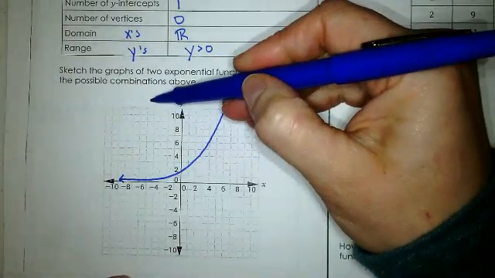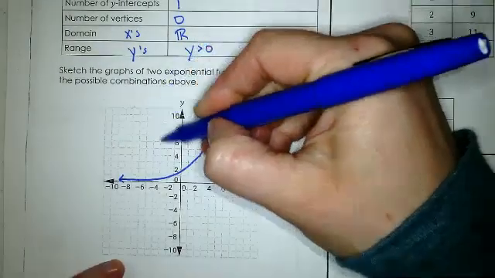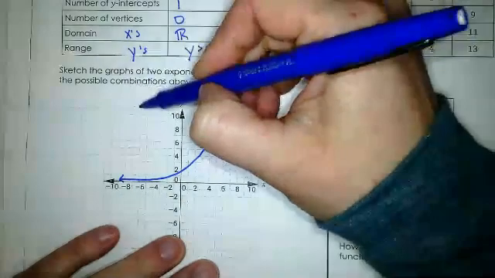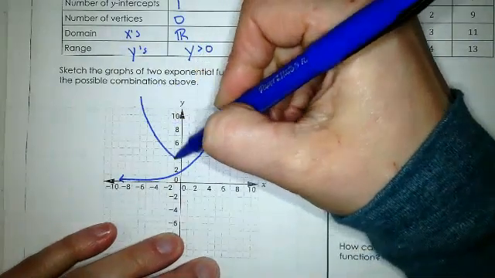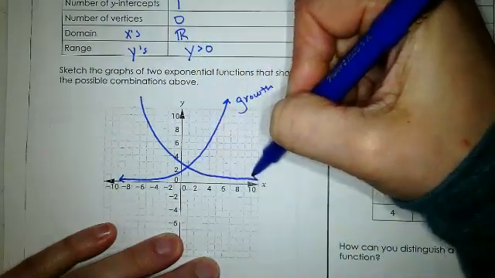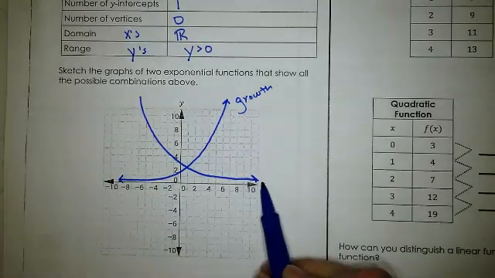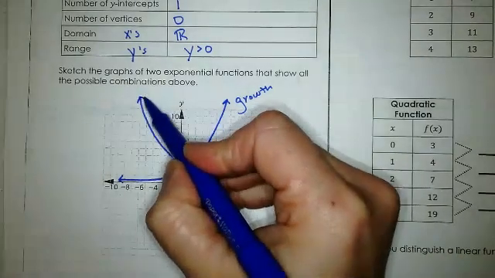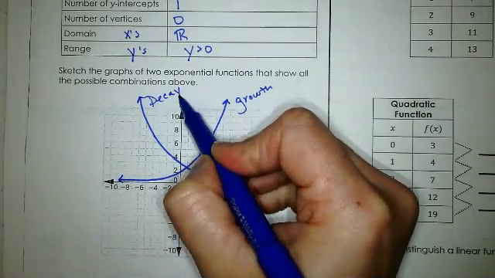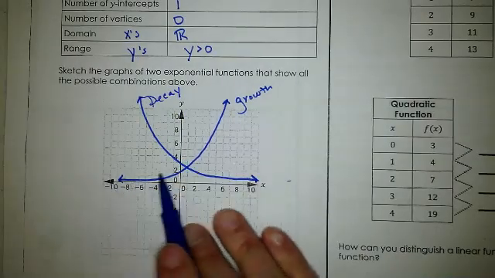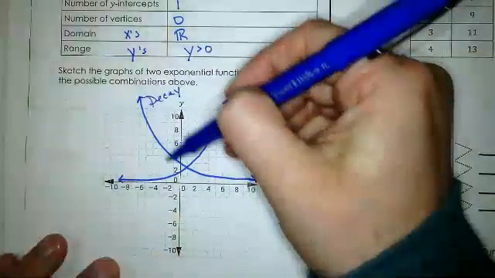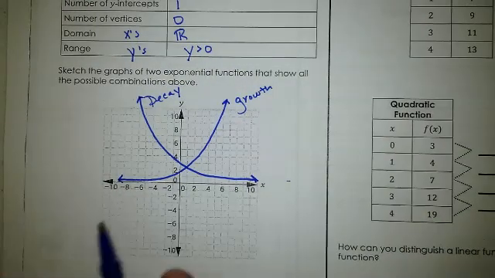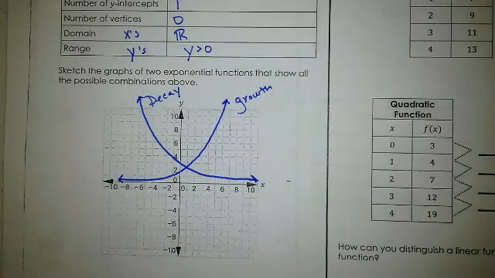So it would start on the left side high and end up low on the right side, but it can never touch the x-axis. So maybe it looks something like this. It just hovers right over the x-axis, gets super close to it, but will never touch it. And this would be a decay function. So you've got growth that's going up, you've got decay that comes down, but they both only touch the y-axis once, and they're never going to touch the x-axis.